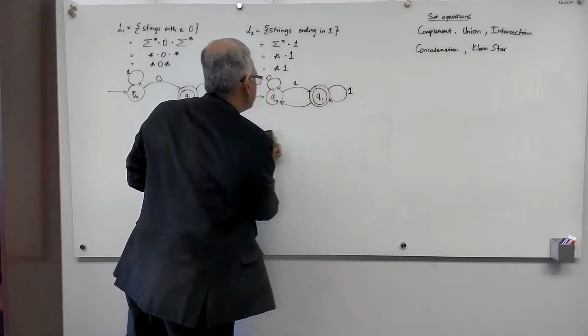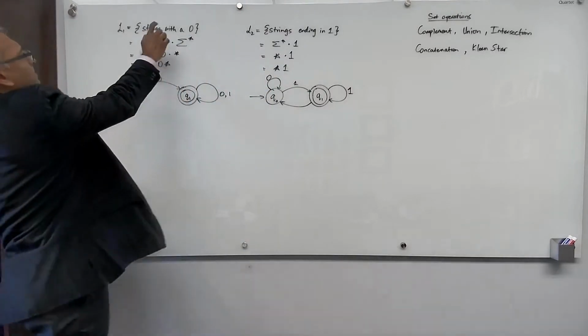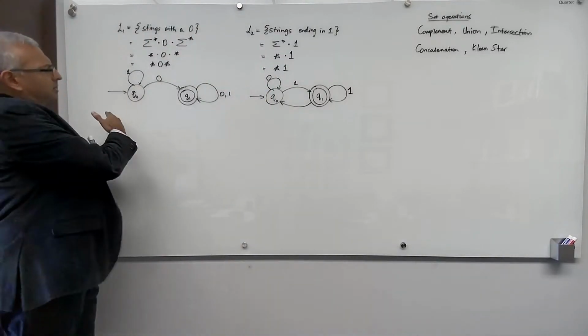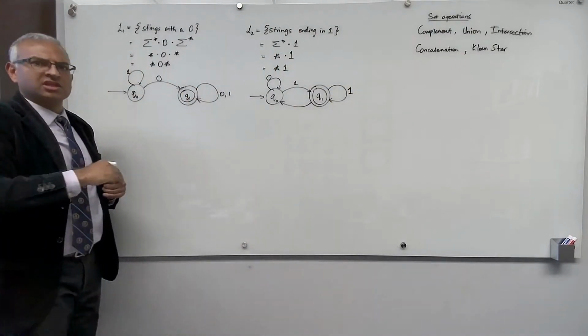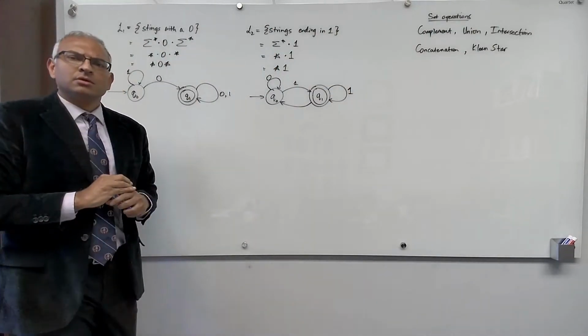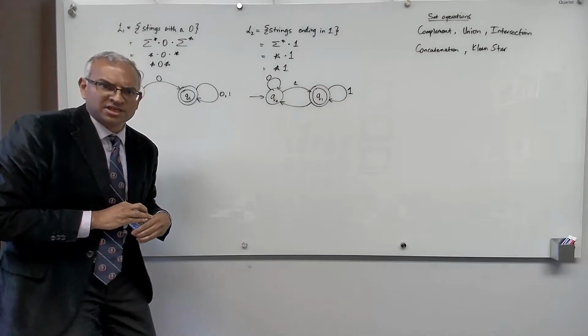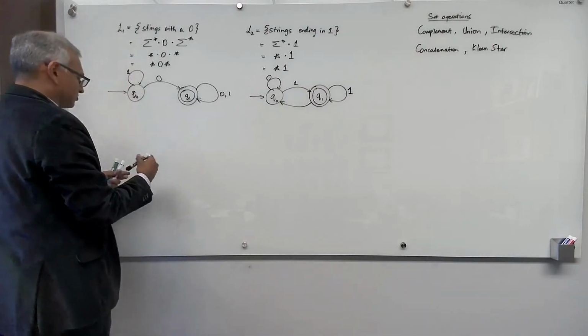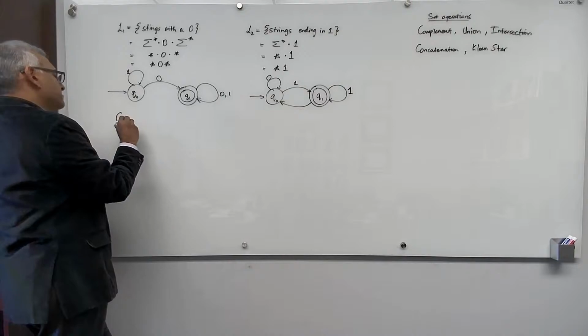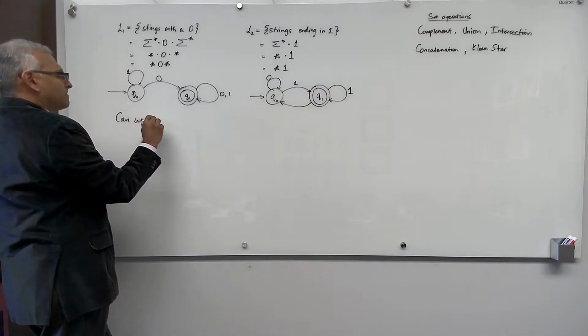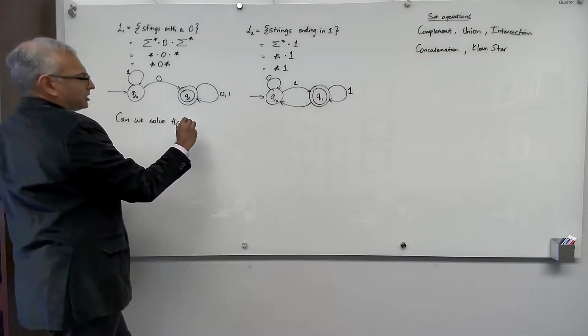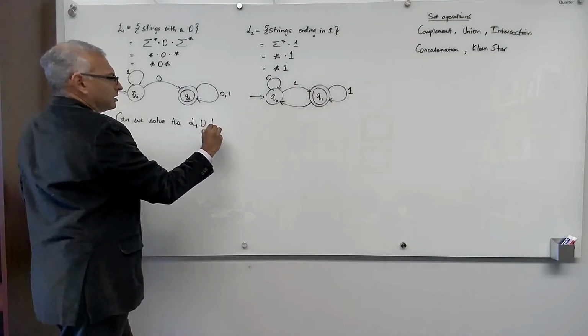Here are two languages, L1 and L2, and here are finite state machines that solve L1 and L2. Can I solve the intersection? Can I solve the union? Can we solve L1 union L2?